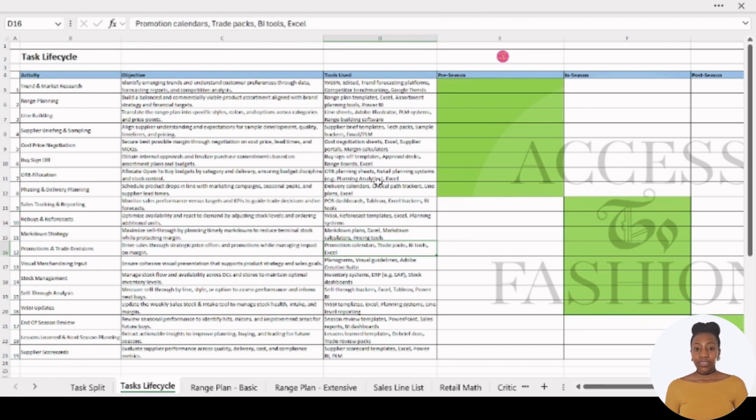So the tools that are used here is also your promotional calendar. You use trade packs too. Trade packs are basically sales information but built over time, not just your sales sheet, which is like weekly sales or even day sales they have.